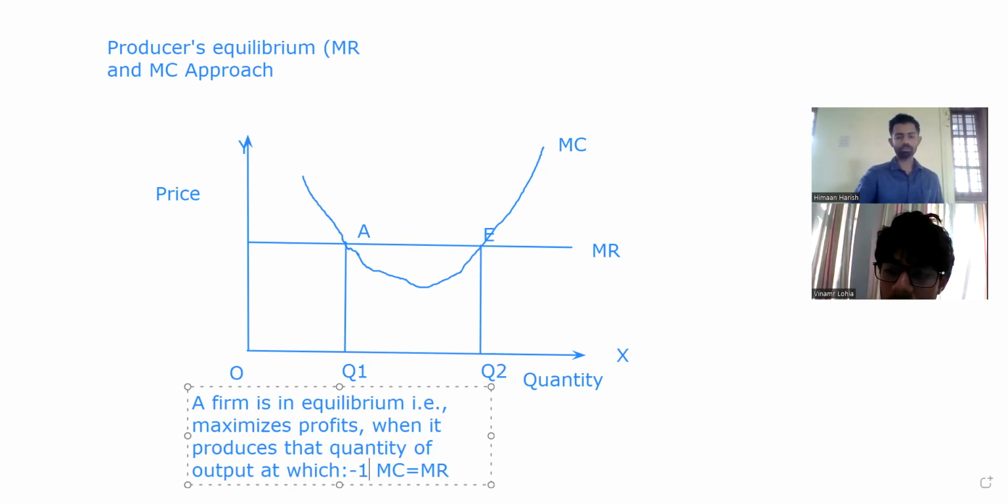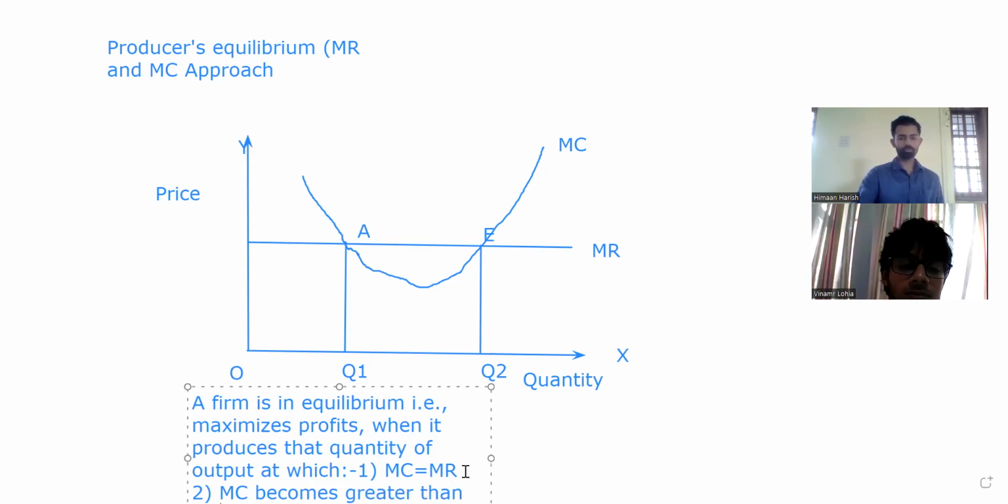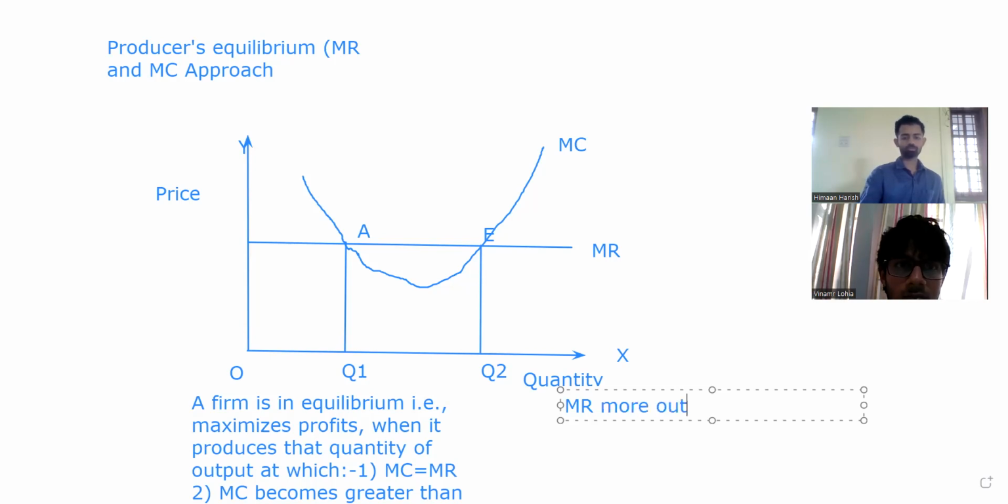This first one is MC is equal to MR. The second condition is when MC becomes greater than MR. More output is produced.